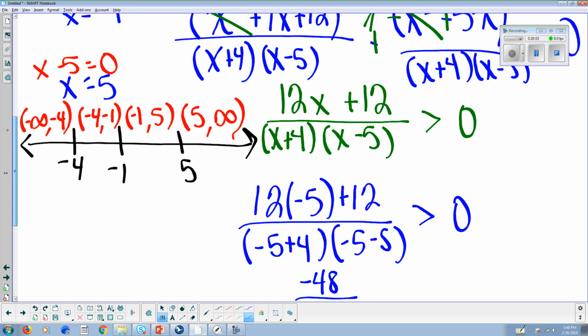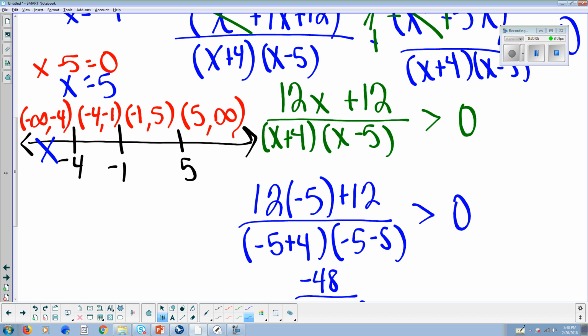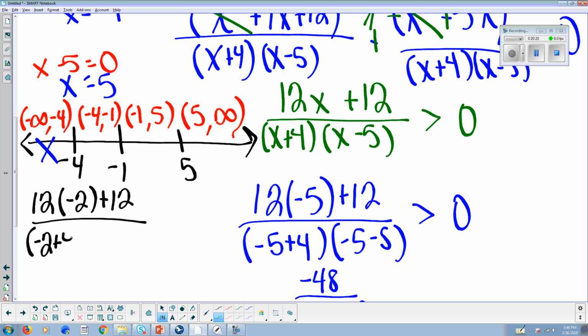So I'm going to reject my first interval. Second interval, I'm going to try substituting in negative 2. So 12 times negative 2 plus 12 over negative 2 plus 4 times negative 2 minus 5.